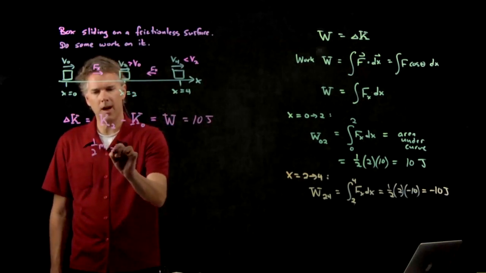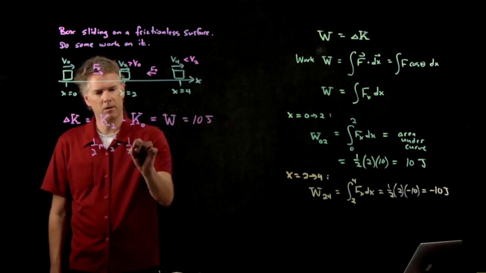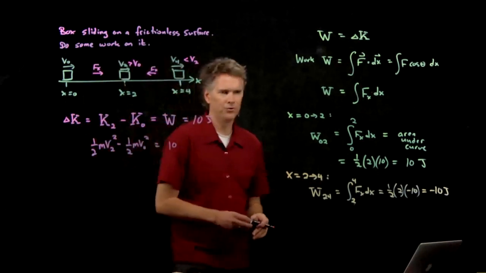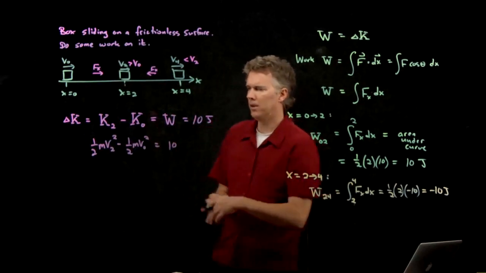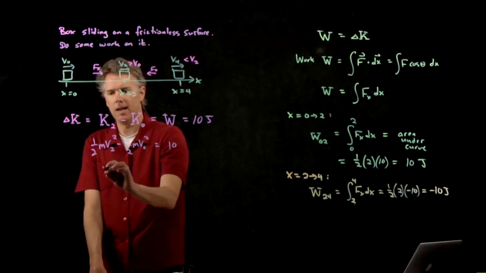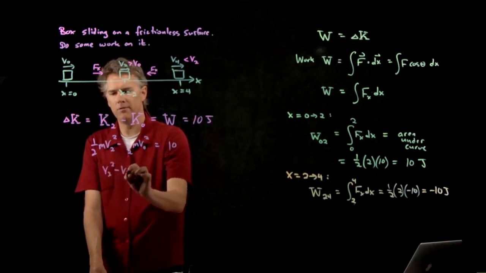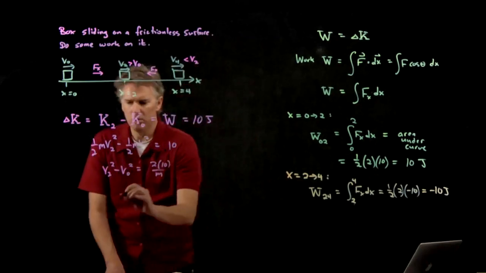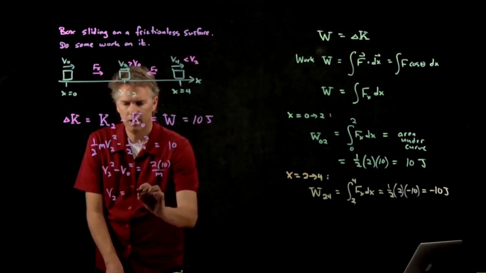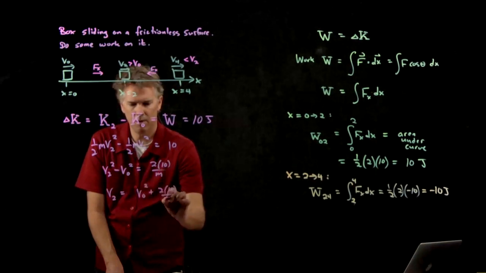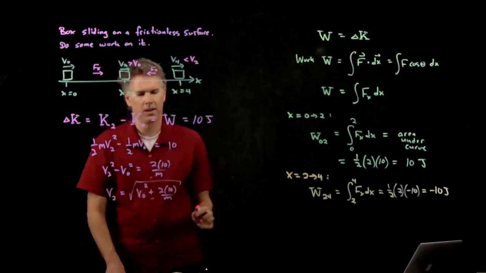This is 1/2 m v2 squared minus 1/2 m v0 squared is going to equal 10 joules. And now we can solve this for v2, right? Multiply everything by 2, divide by m. I get v2 squared minus v0 squared equals 2 times 10 over m. I can move v0 over to the other side. I get v0 squared plus 2 times 10 over m. And I have to take that square root.